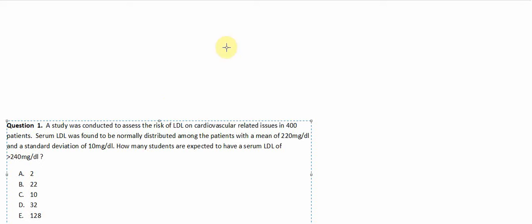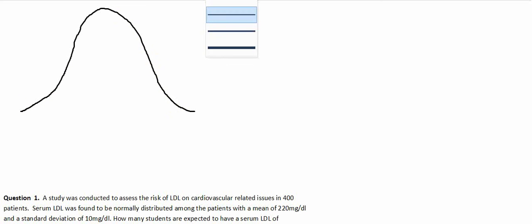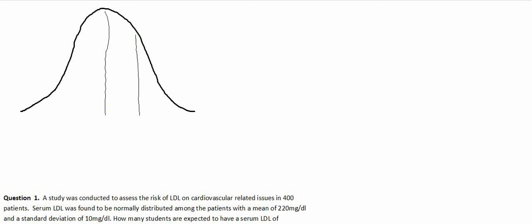So I'm going to draw and label the normal distribution curve. Something like this. Now the mean, there's a line in between at this point, then one here and one here.